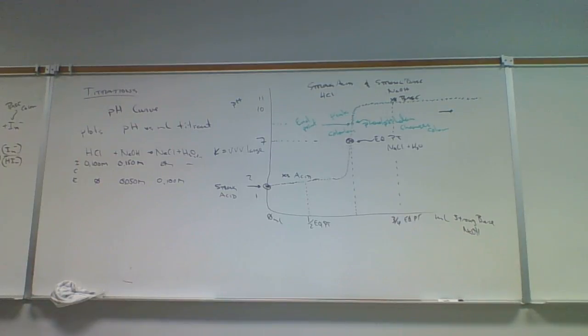Then we go to the other limit, and that is a 1 to 10 ratio. If we have less than or equal to 1 to 10, that is 10 parts of acid, 1 part of base, then the acid color dominates.